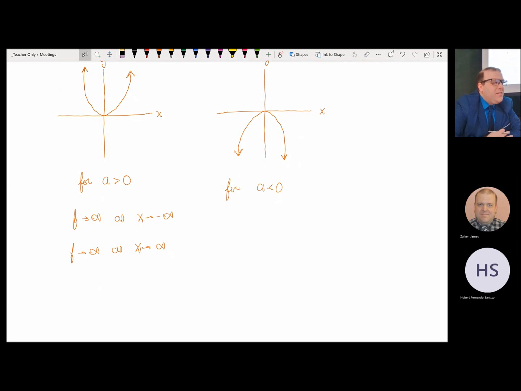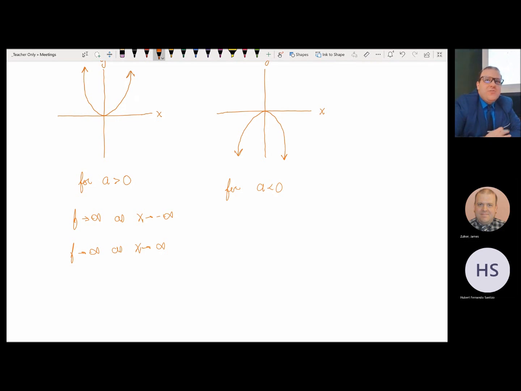It approaches infinity on both the left and the right. Yeah, it goes up on both sides. And then what's the second line? That's indicating what end. As x approaches negative infinity, and the line underneath that is the right hand.